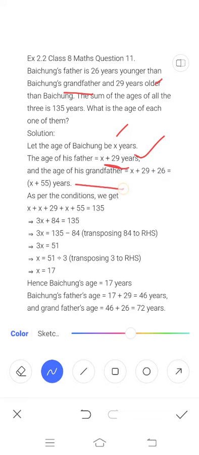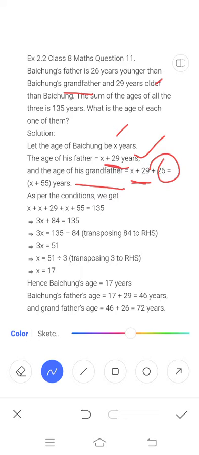What is the age of grandfather? Along with the father's age, he is 26 years younger than the grandfather. So that means you have to add 26 to the father's age. Why we are adding? You all know our age will be lower than our father's age and much lower than our grandfather's age.